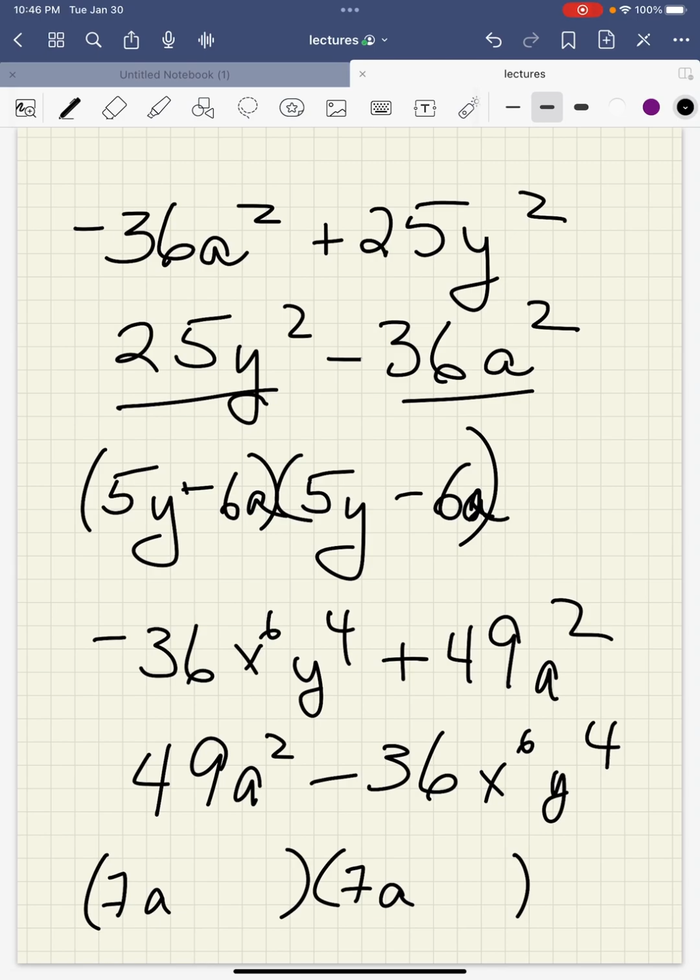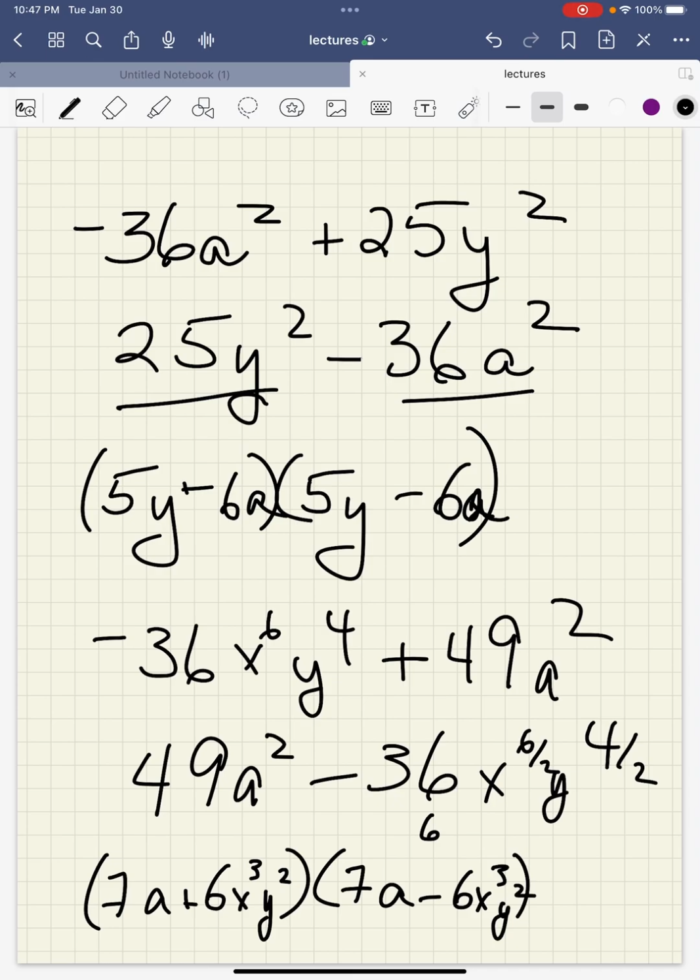The square root of 36 is 6. And to find the square root of these other exponents, you simply divide the exponent by 2. So this is going to be 6x cubed y to the second. One will be a plus, one will be a minus. So to find the square root of an exponent that's not just a 2, you divide that exponent by 2.